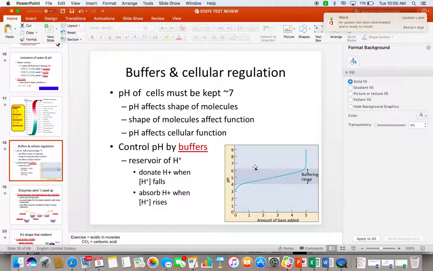Since acids have too much hydrogen, the buffer is going to absorb some hydrogen. And if you have a base and you don't have enough hydrogens and you have too much hydroxides, then your buffer is going to put hydrogen out. So you just kind of think of where you are. You just got to remember that acids have more hydrogens and bases have more hydroxides. Okay?